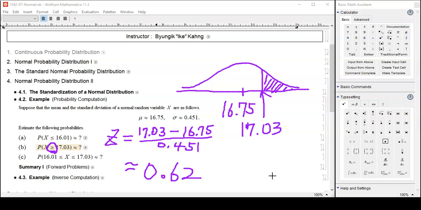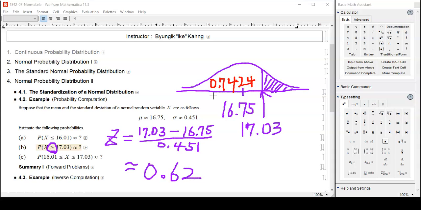So, if you go over to your standard normal table, look up 0.62, then you're going to get the probability for the left-hand side shading. Was it 0.7424 or something? I don't remember precisely what this number was.